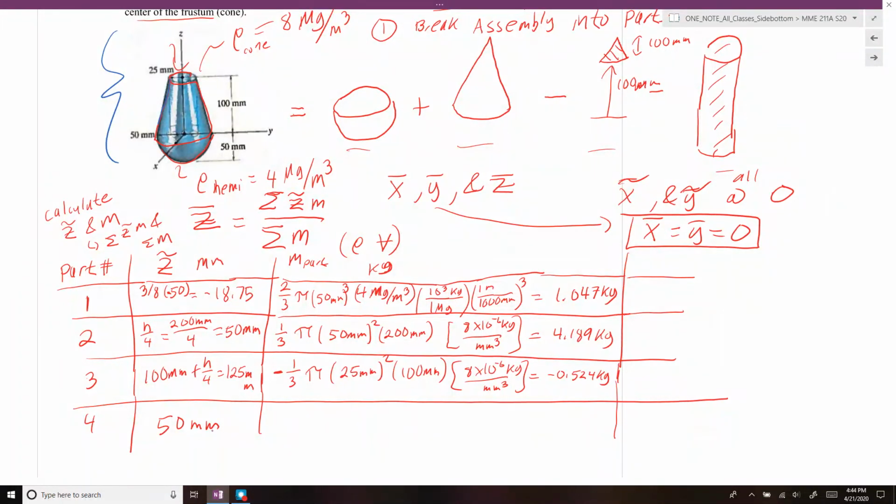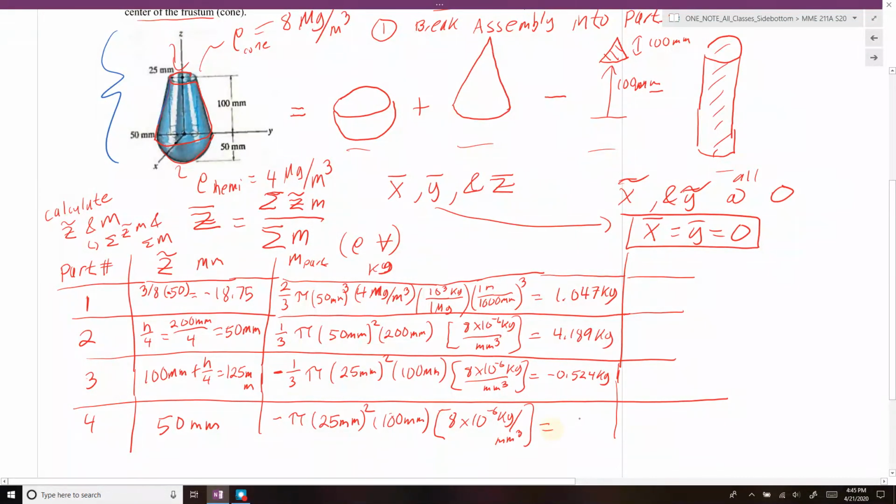The mass of our cylinder is going to be equal to minus pi r squared. In this case, our cylinder's diameter is 20. Our radius is 25 millimeters, so pi r squared times the total height, which is equal to 100 millimeters, times the density of the cylinder, which is equal to 8 times 10 to the minus 6 kilograms per millimeter cubed.